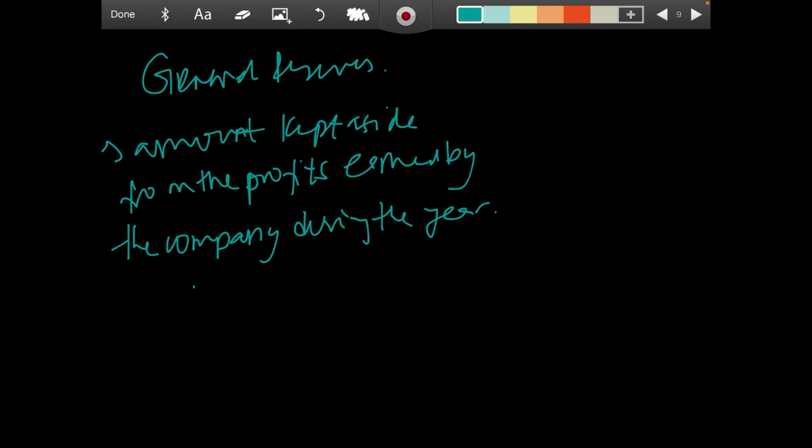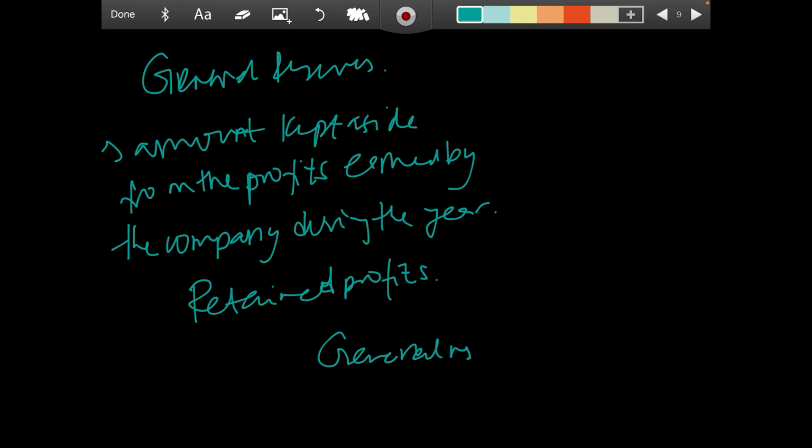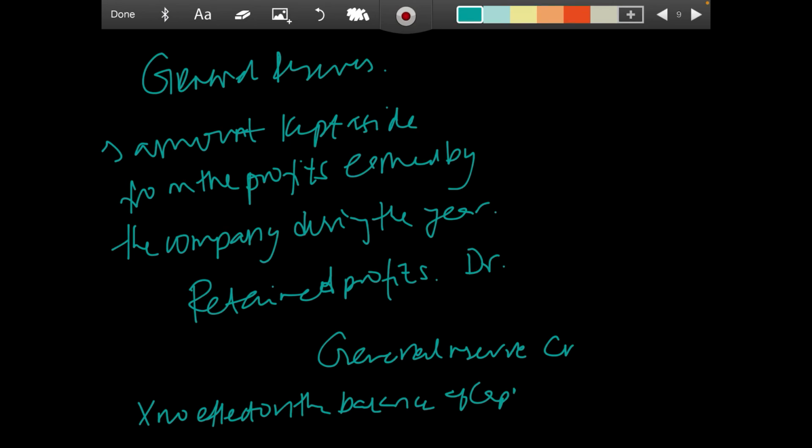So the entry made when we transfer profits to our general reserve is that our profits or retained profits is debited because it decreases, and our general reserve is credited because it's increased. So again, there is no effect on the balance of capital.